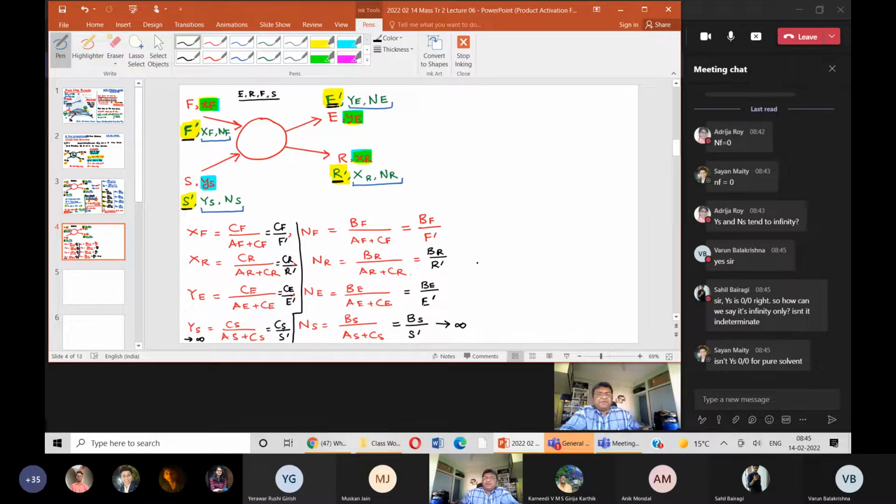It's indeterminate, or whatever you want to write. But all of you understand that, and these are the biggest points of bones of contention. Not this one, this is B by infinity, but this one is indeterminate. Shoumik, I go with you. This is clear, but this infinity problem comes only for a pure solvent.